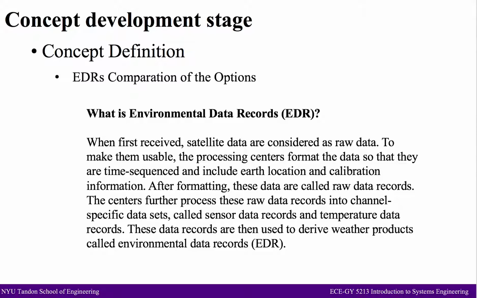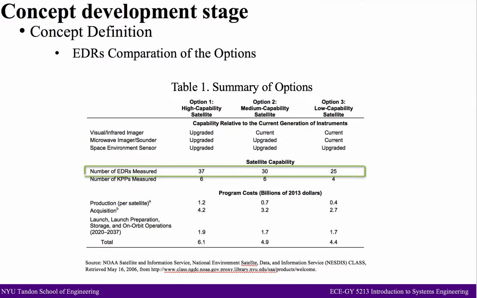So first, let's look at the EDRs. Option 1 can produce 37, option 2 can produce just the 30s, and option 3 can only measure 25.